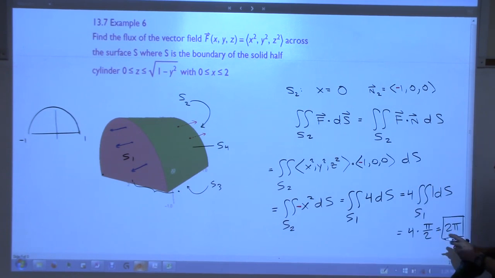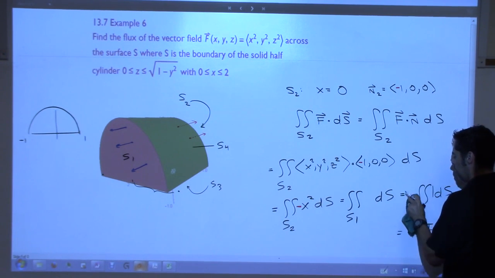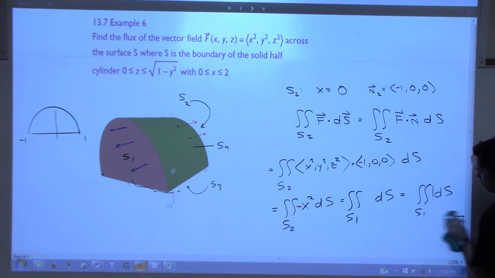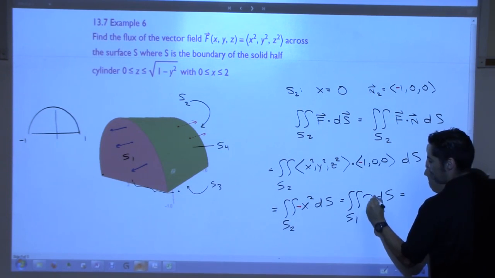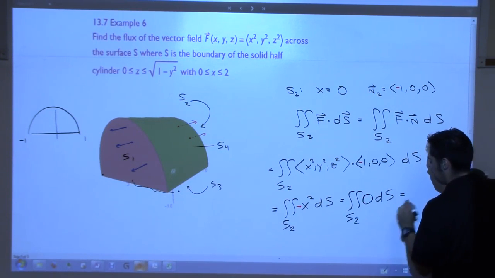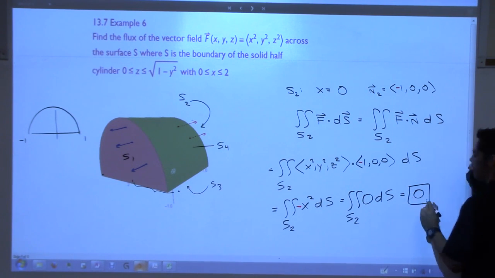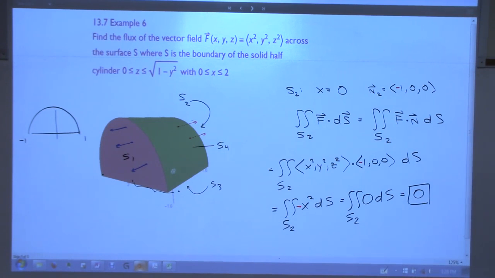But that doesn't matter, because at the next step, x is 0, so we just get 0. Questions on that?